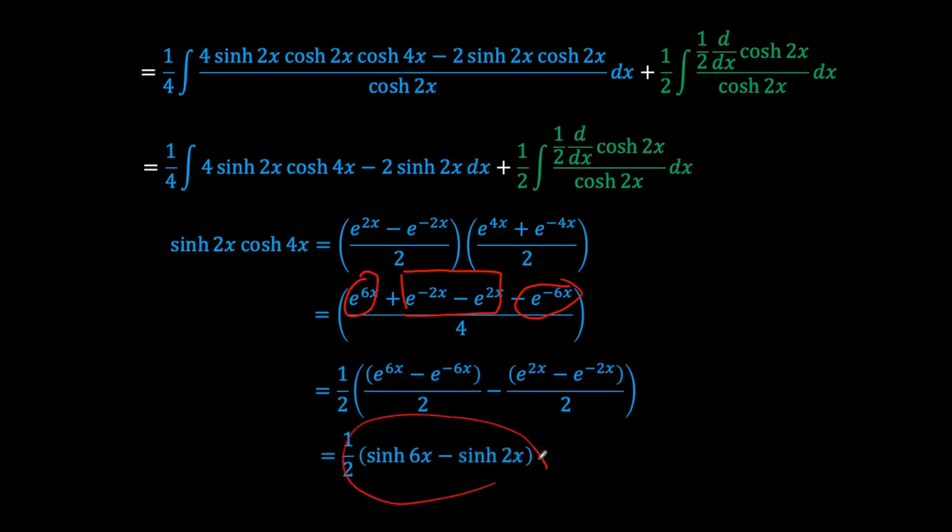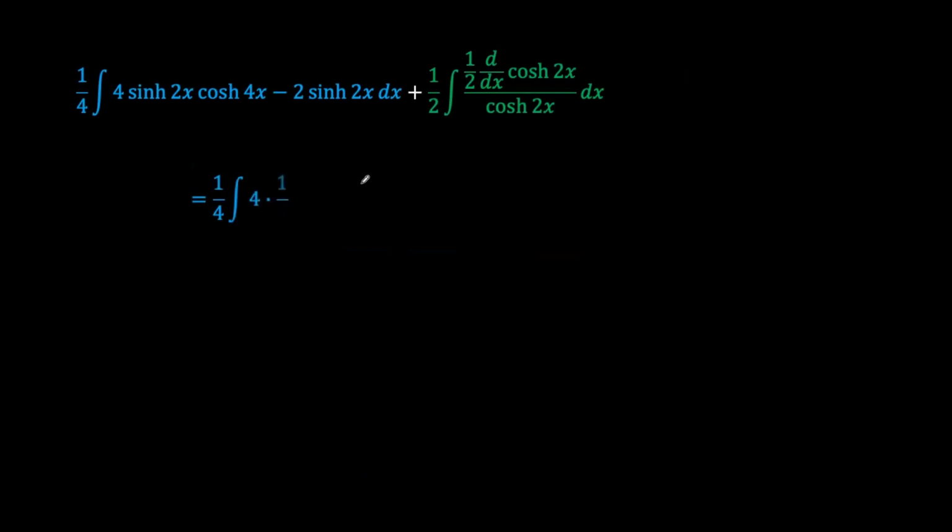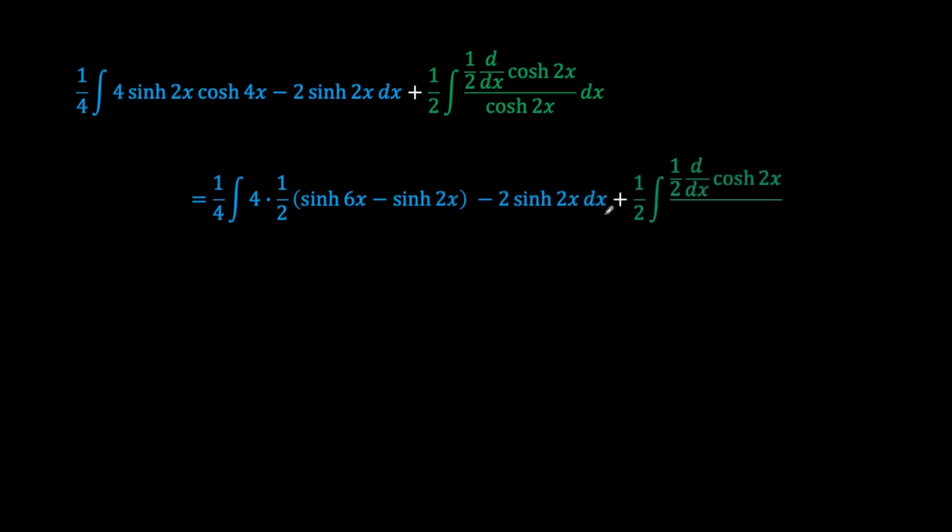So we can now take this and plug it in place of this expression here. So that means that in place of this, we have 4 times a half, sinh 6x minus sinh 2x, minus 2 sinh 2x for the blue.